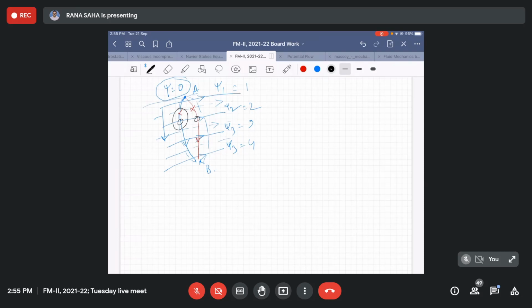So these two functions are both linear, and as they are linear, mathematically you can add up different types of these velocity potential functions or different types of stream functions.